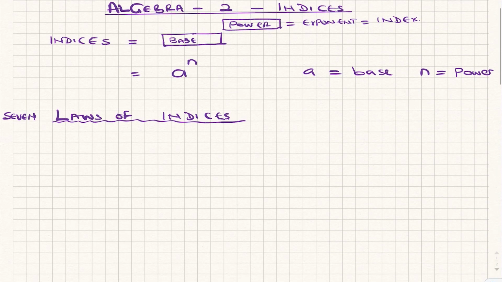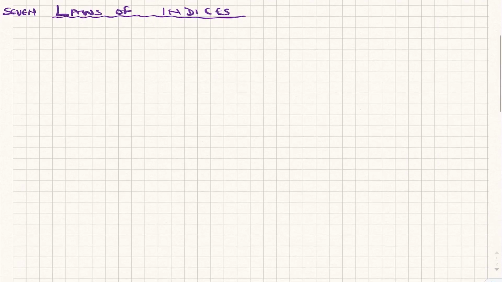The first most important one is law number 1: anything to the power of 0. So base anything to the power of 0 is 1.